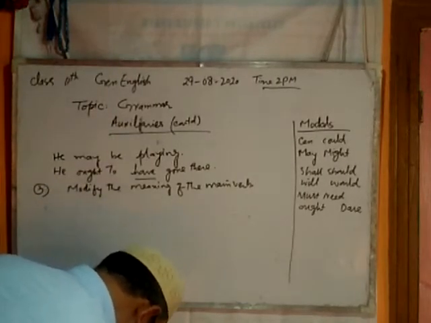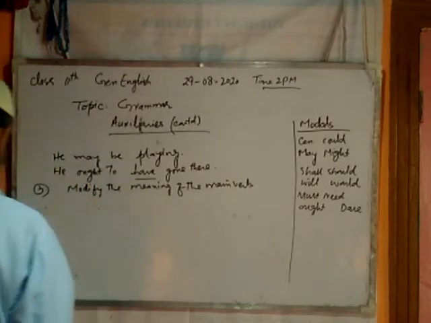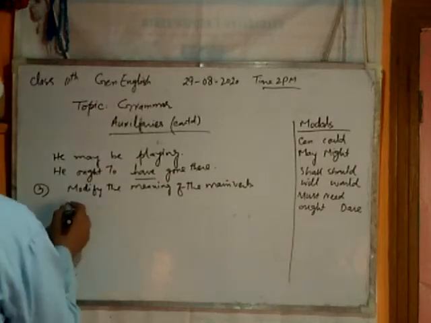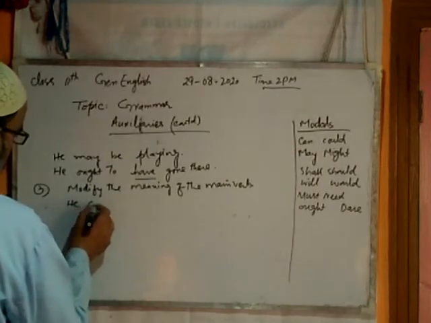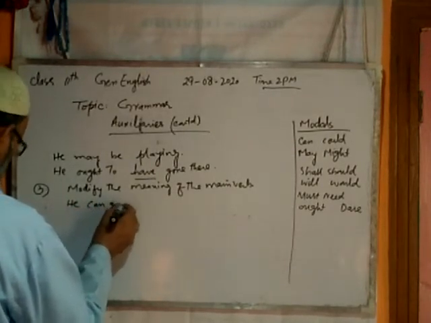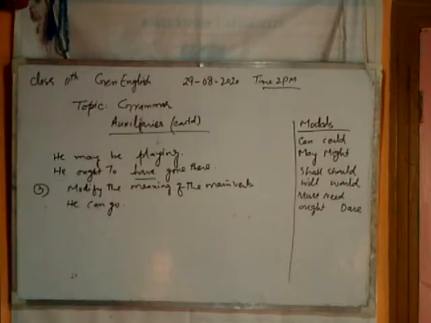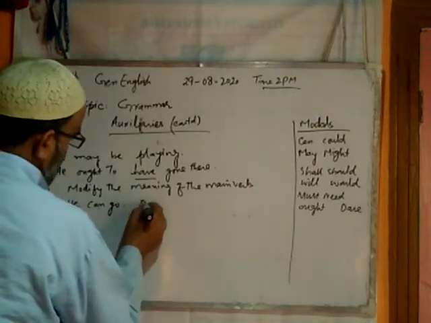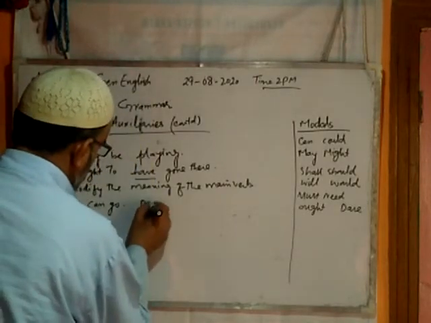Let me cite a few examples. Yes, he can go. He can go. What does it show? It shows permission.